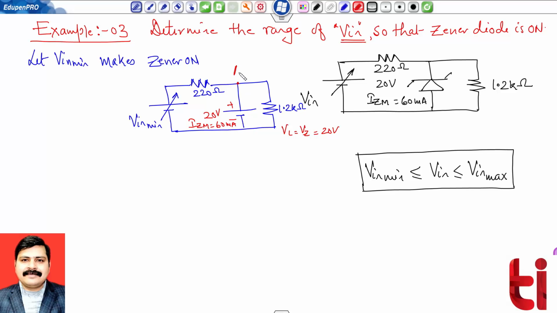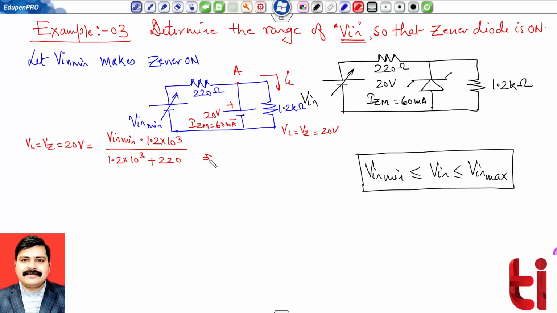Again I am marking this as node A. Load current IL is fixed now. VL will be equal to VZ equal to 20 volt. This will be equal to Vin min multiplied by 1.2 into 10 raised to power 3 divided by 1.2 into 10 raised to power 3 plus 220.